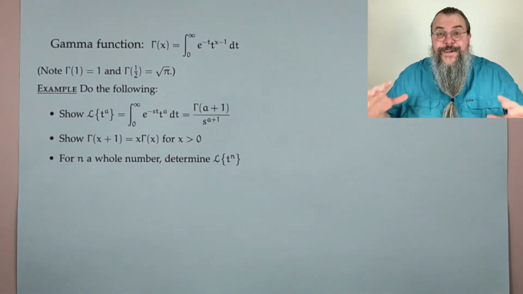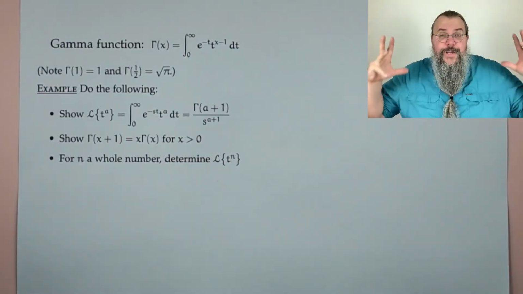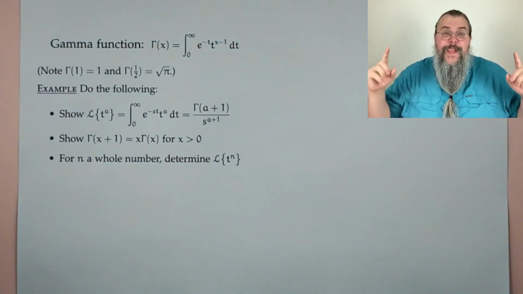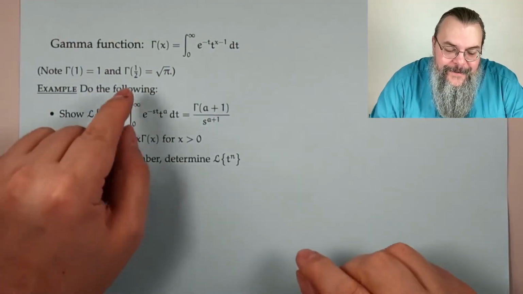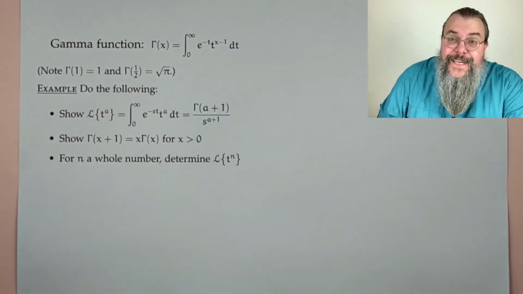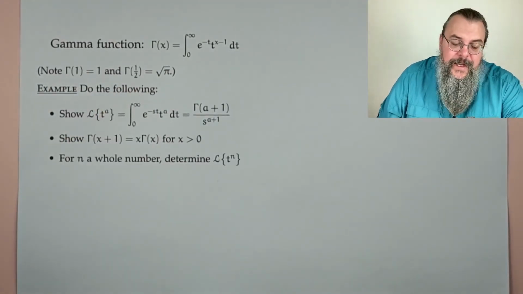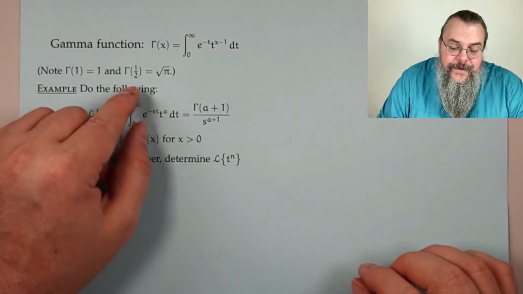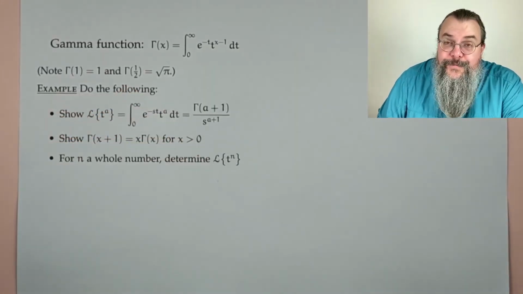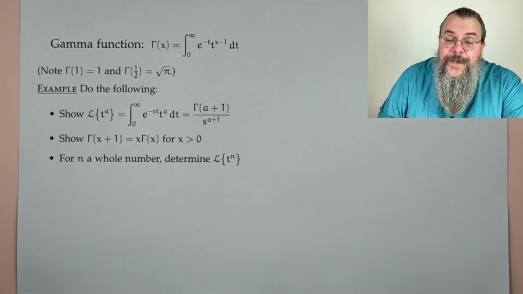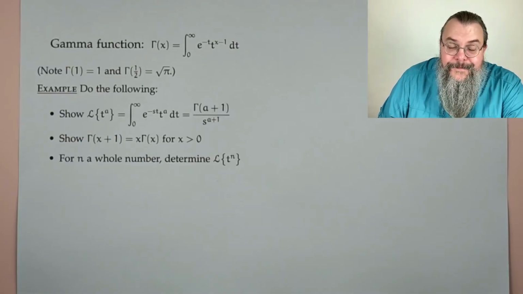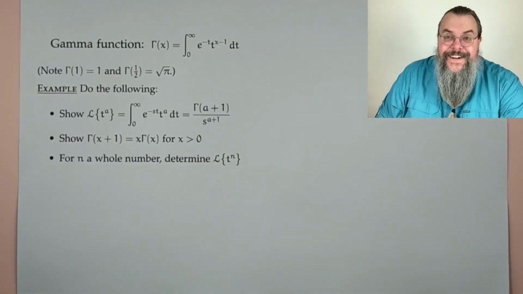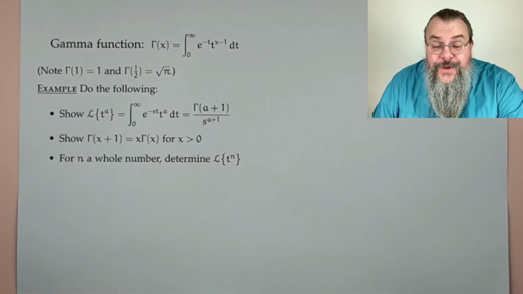Well, here's where it starts getting weird. For whole numbers, we're going to see it's nice. For fractional numbers, you get strange things. In particular, gamma of a half is square root pi. And if that makes you say, huh, you're right. But it's true.